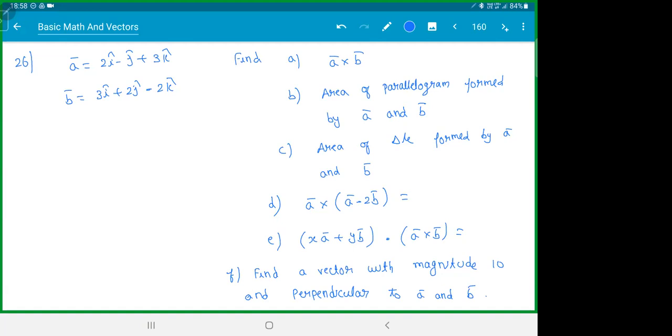First is easy, A cross B. You can type your answers. Everyone should definitely try to type your answers. It's okay if you get it wrong, but try. Get A cross B. I'll give you a minute for the first one. Okay.